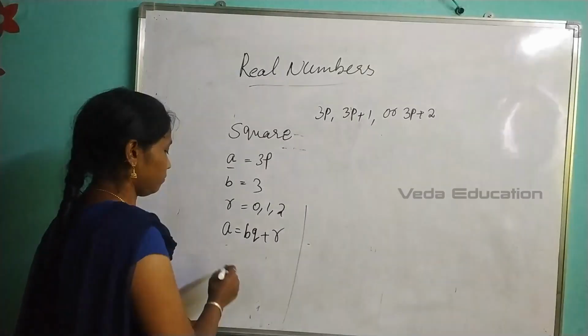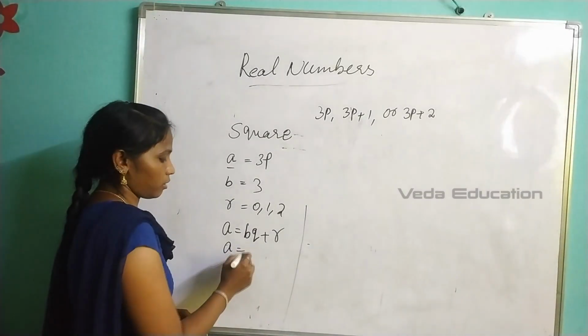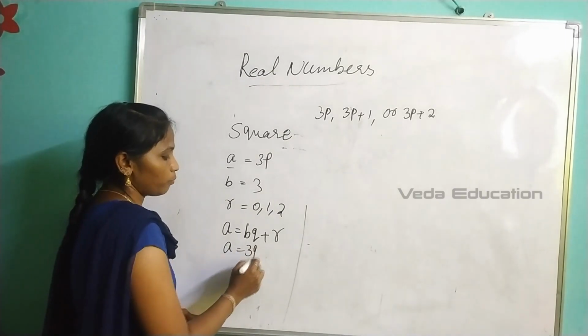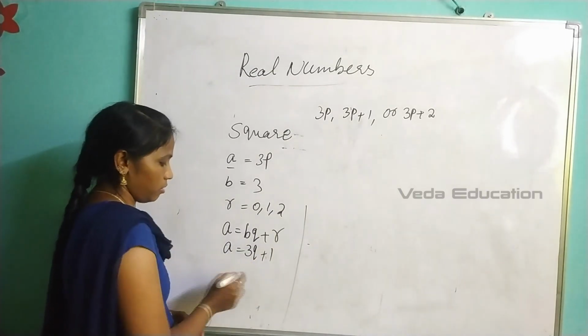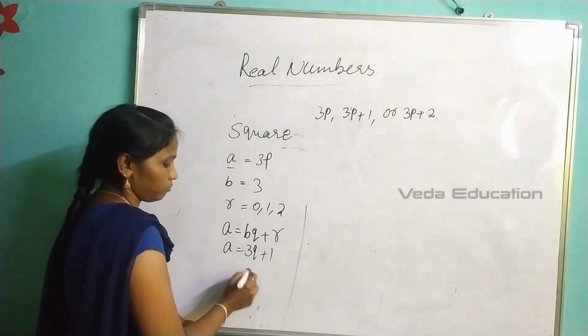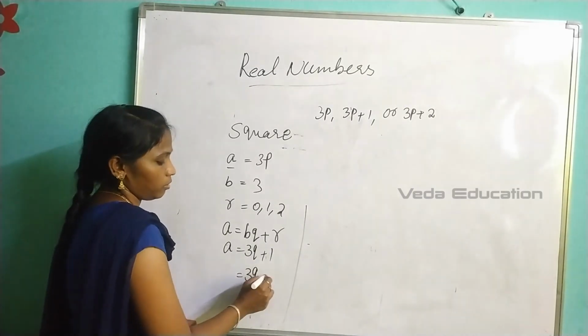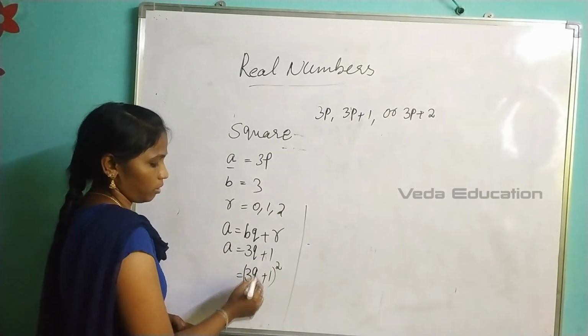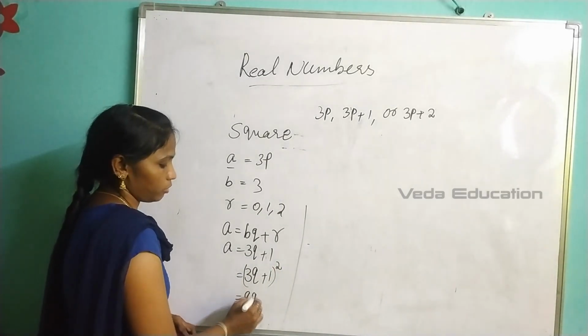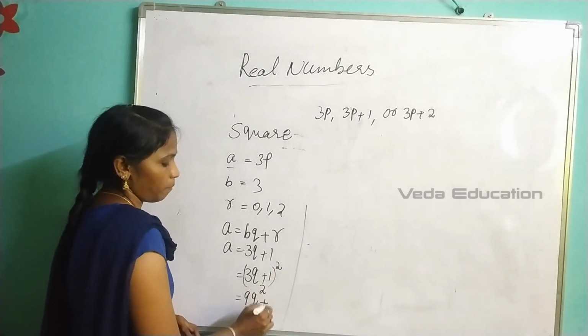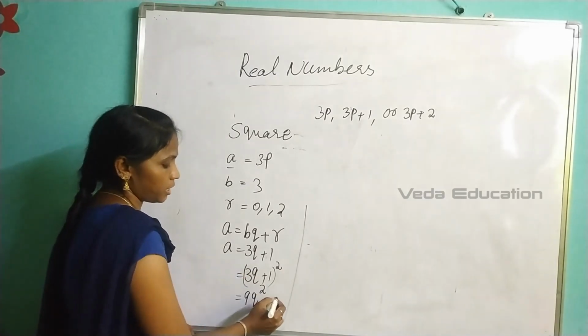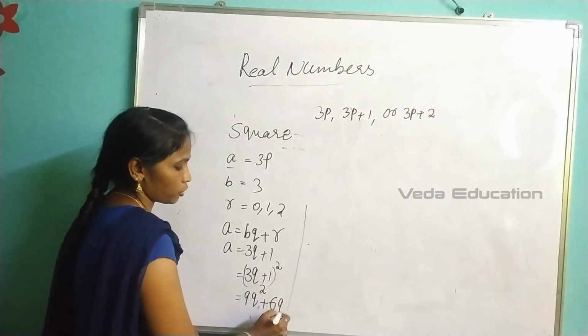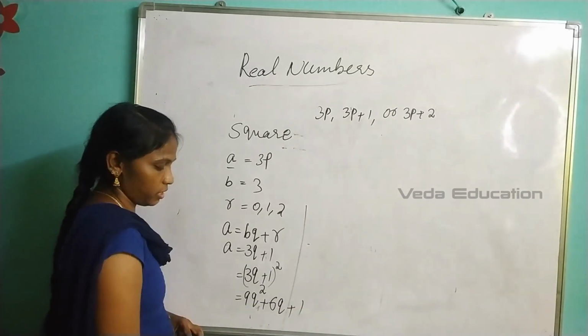Next, r value is 1. Now substitute in place of r: b is 3, so a equals 3q plus 1. Now square it: 3q plus 1 whole square. Now apply the a plus b whole square formula. It is 9q square plus 2 times 3 is 6, 6 times 1 is 6, so 6q, plus 1 square is 1.